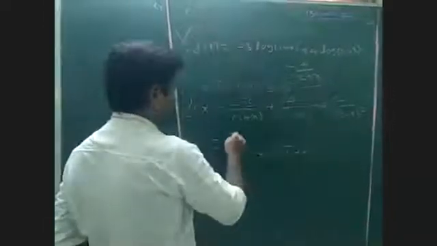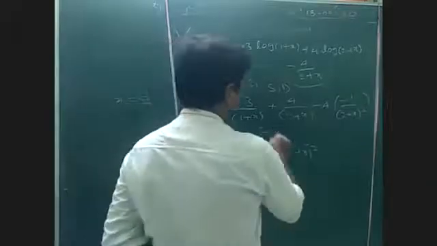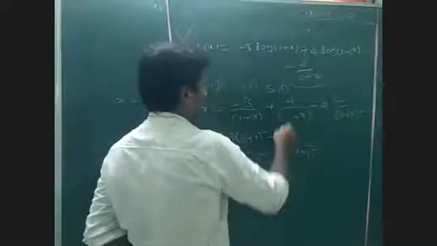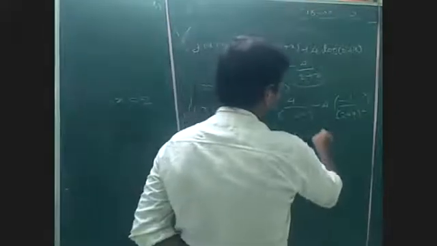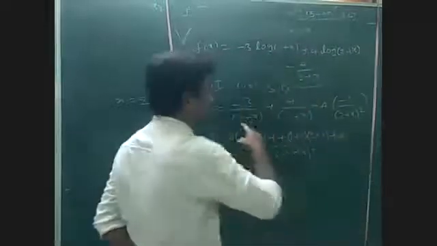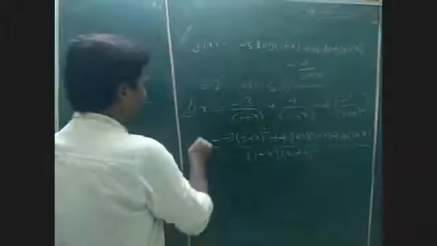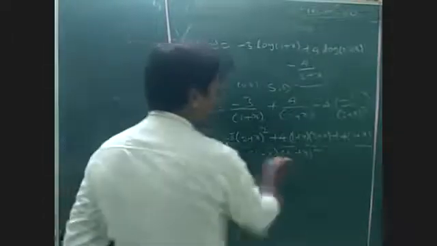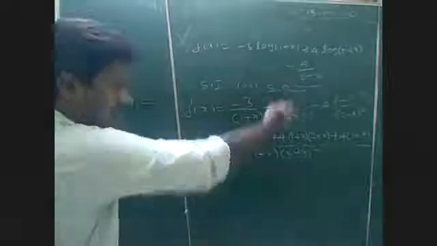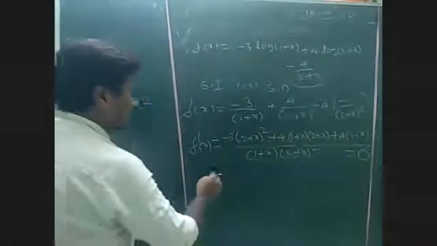This minus 3 into 2 plus x the whole square, here plus 4 into 1 plus x into 2 plus x, minus 4 into 1 plus x. Now you can simplify. This f dash of x equating to 0 means the denominator becomes 0 on cross multiplying. Then what is the numerator? Just simplify this numerator.